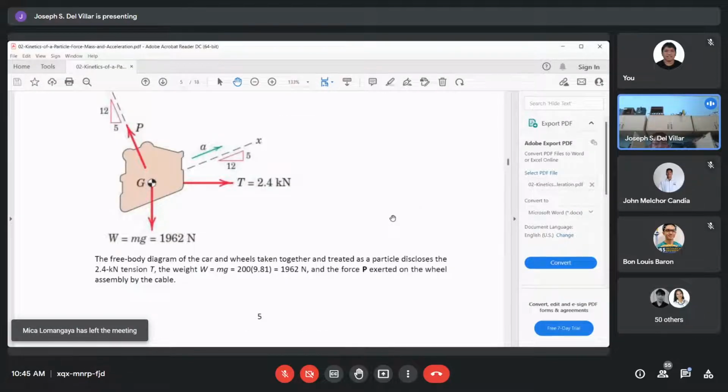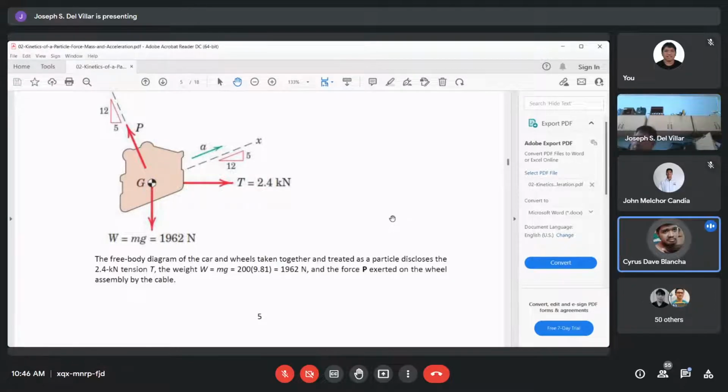Okay, any questions here? Hello po, sir. Why po, sir, over 13? This is the hypotenuse. Okay? That is the hypotenuse.